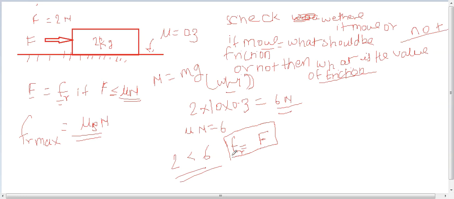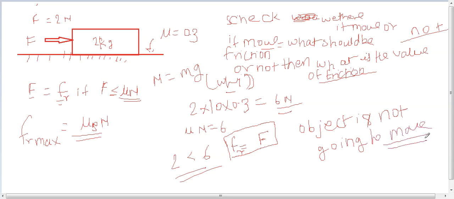If this is happening, then the object is not going to move, because it is in static condition. So you should think in this manner: first, F is equal to Fr. This is an important one.